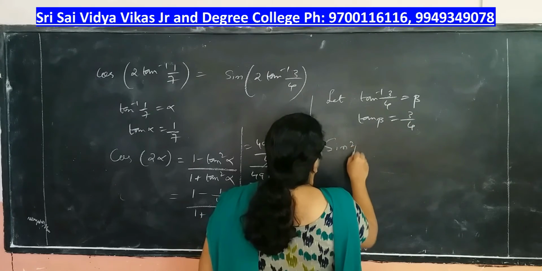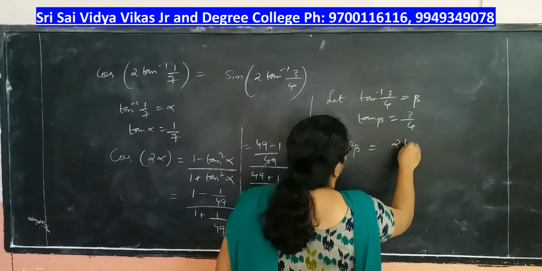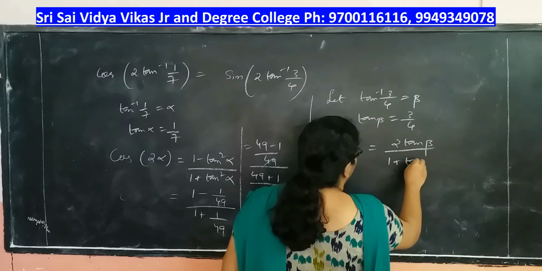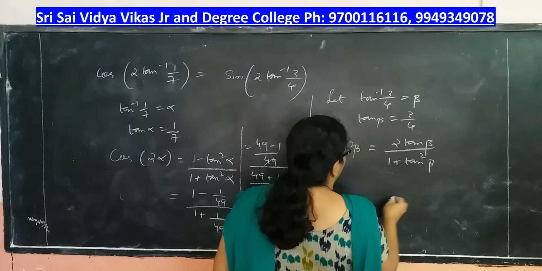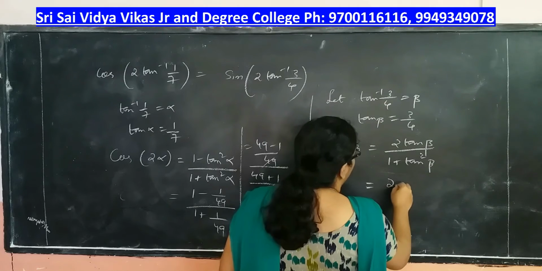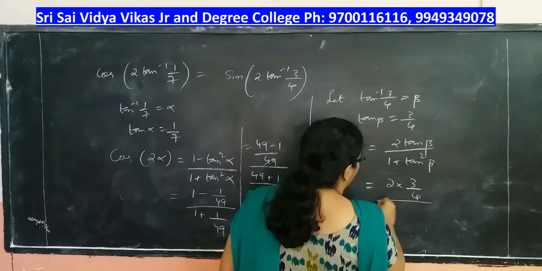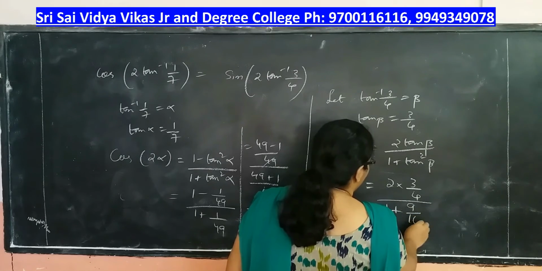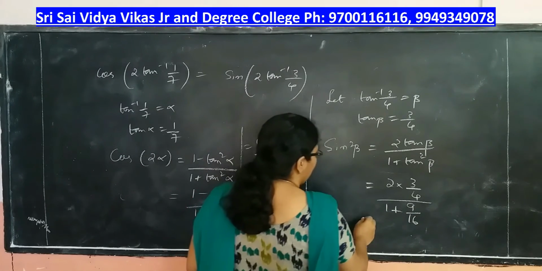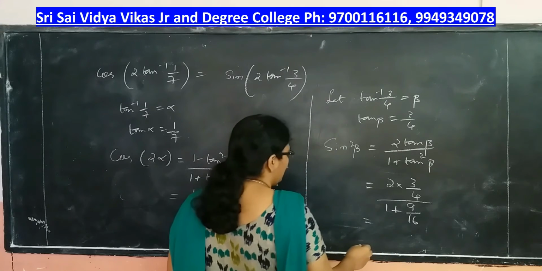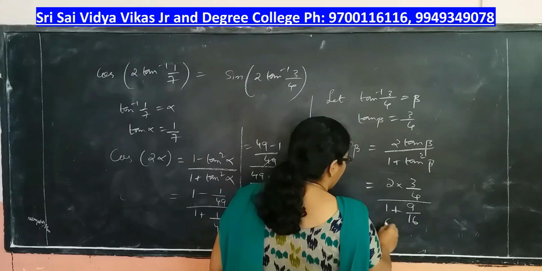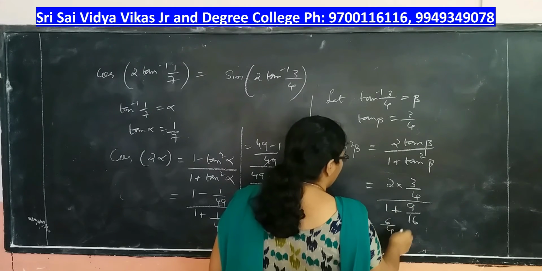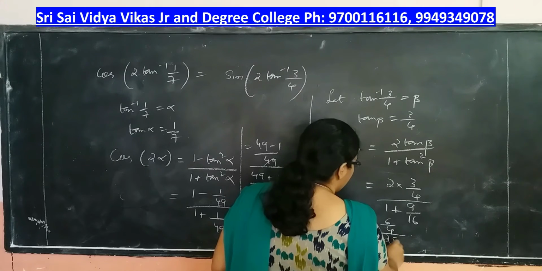Sin 2 beta in terms of tan is 2 tan beta by 1 plus tan square beta, that is 2 into 3 by 4 by 1 plus 3 by 4 whole square, that is 9 by 16. This is nothing but 6 by 4, 2 3s are 6 by 4 by 25 by 16.